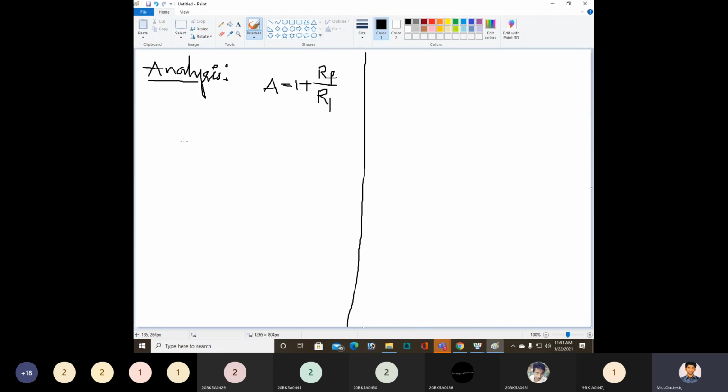Here we have a feedback factor beta. You need to see the diagram. Feedback factor beta is equal to Vf by V naught, feedback voltage by output voltage.